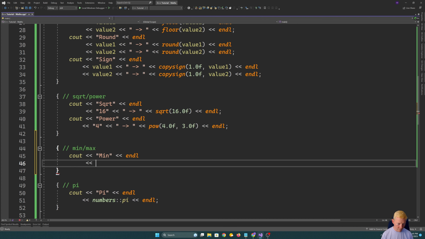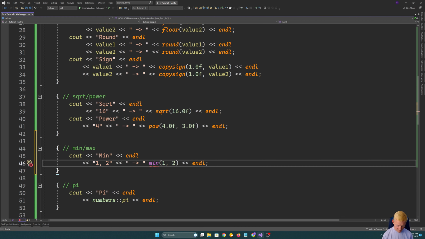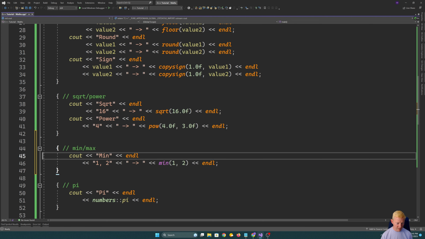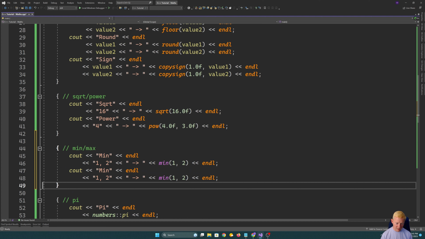For min, let's provide it two inputs, and we'll say that ends up being min 1, 2. And we need to make sure we have the other insertion operator there. We can do the exact same thing with max.